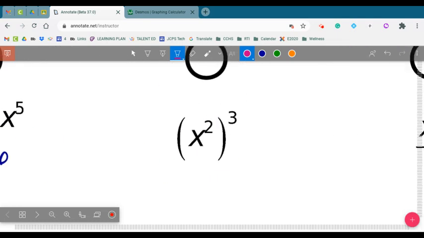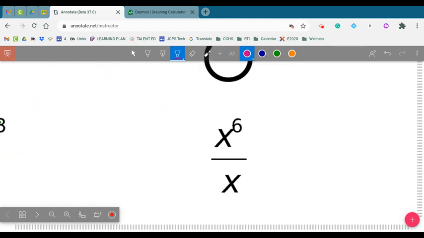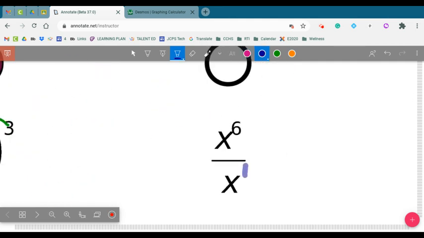Next one, power to a power. So I multiply 3 times 2, which is 6. So that is another possibility. And then this one I subtract. 6 minus 1 is going to give me 5.